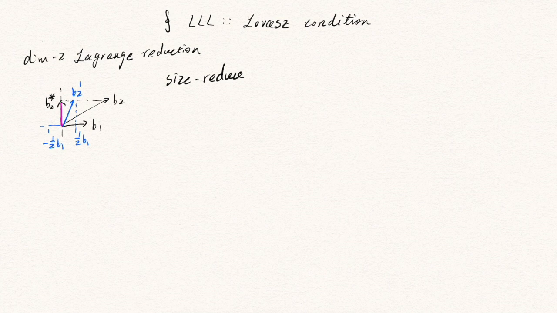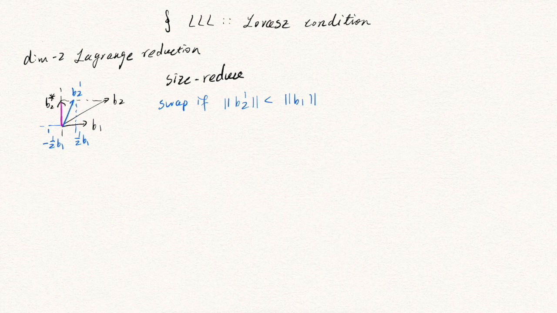Okay, so you first size reduce it, and the Lagrange reduction says the swapping step is: swap if the length of B2 prime is smaller than B1. This is the swapping condition for Lagrange reduction.